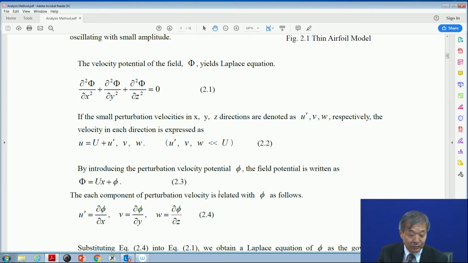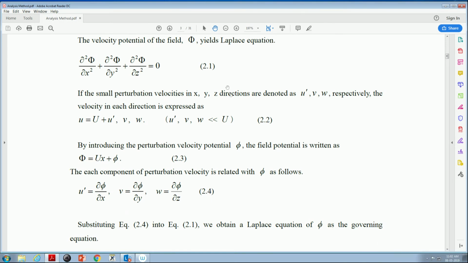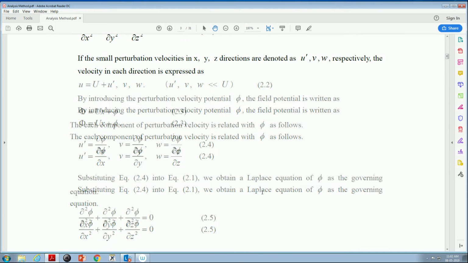Okay, and we substitute 2.4 into 2.1, the Laplace equation of phi. So capital phi satisfies the Laplace equation, and the small phi perturbation potential also satisfies the Laplace equation like this.